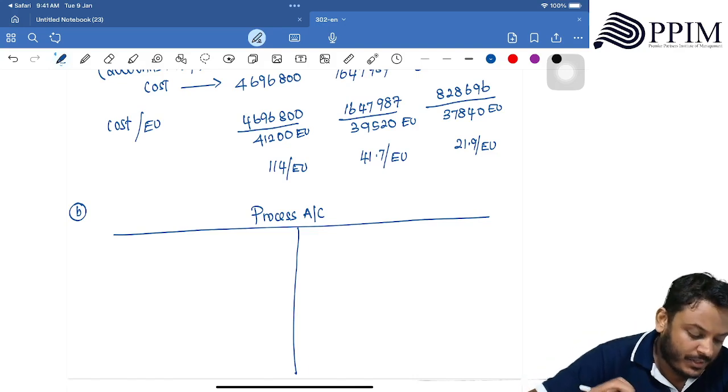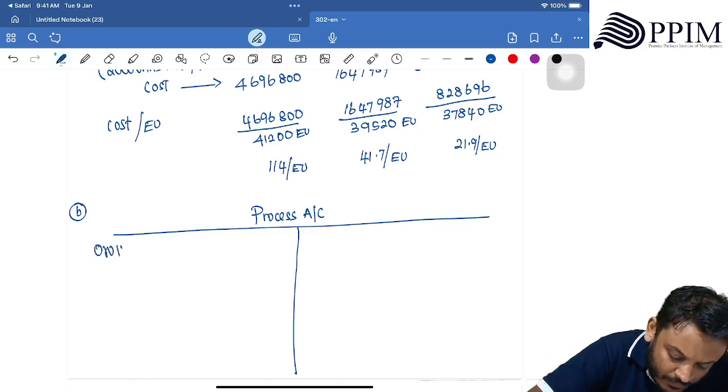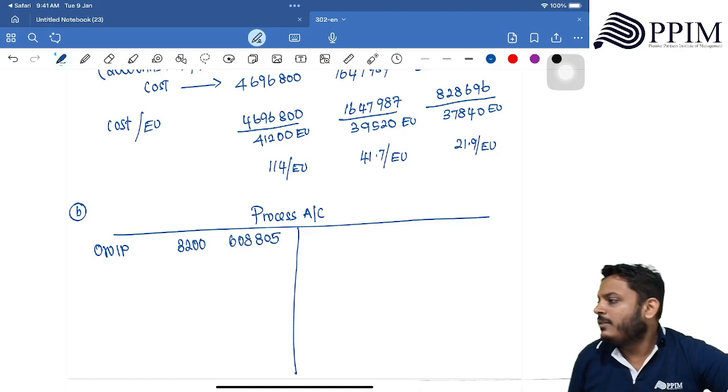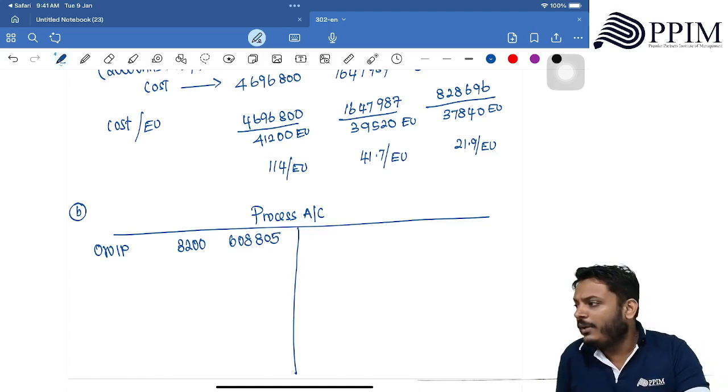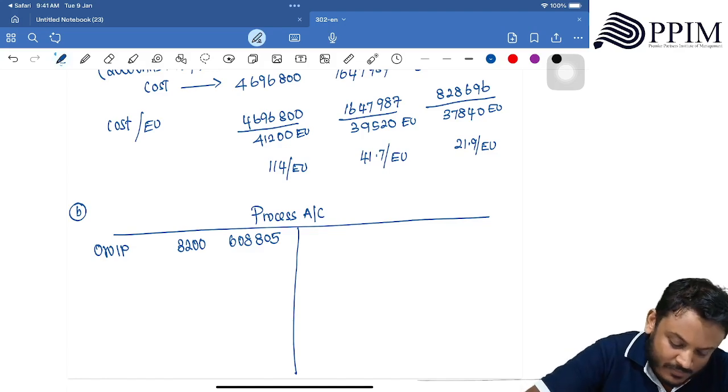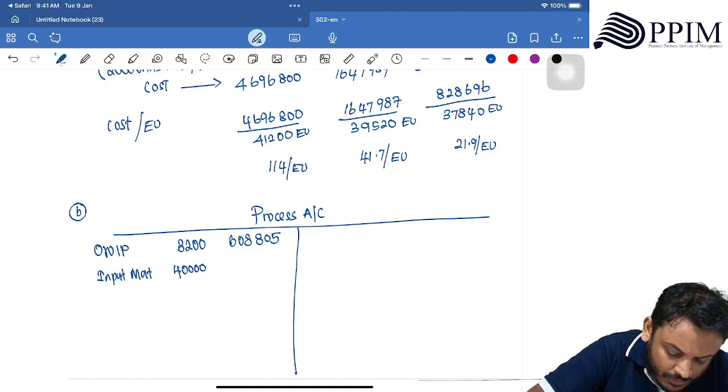So process account, opening work in progress, 3,200 units, and the total value given is 608,805. This value is the total of opening work in progress. Then inputs: material 40,000 units, 4,460,000.